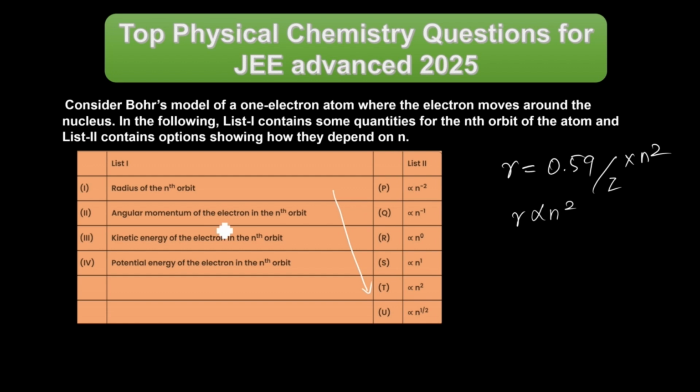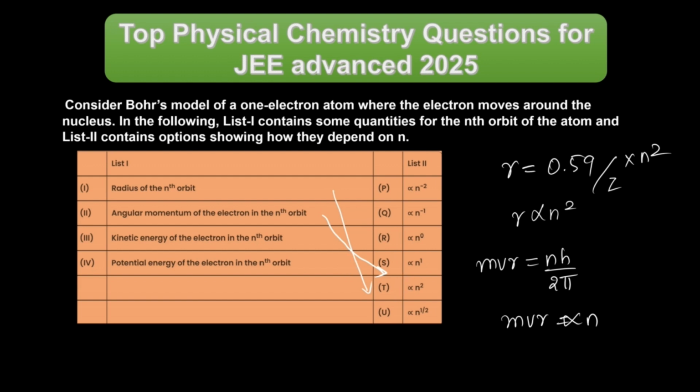Then angular momentum of the electron in the nth orbit. So angular momentum mvr is equal to nh by 2 pi, right? So angular momentum mvr is directly proportional to n, which means that holds true for S, okay?